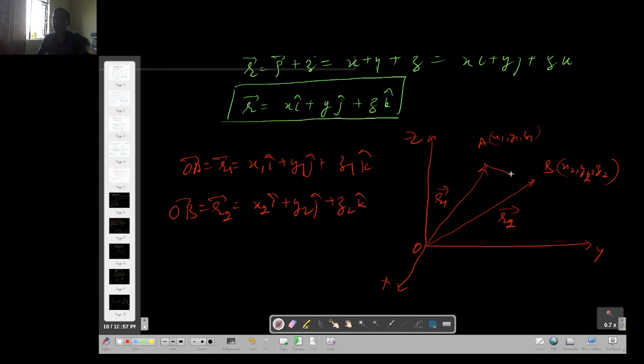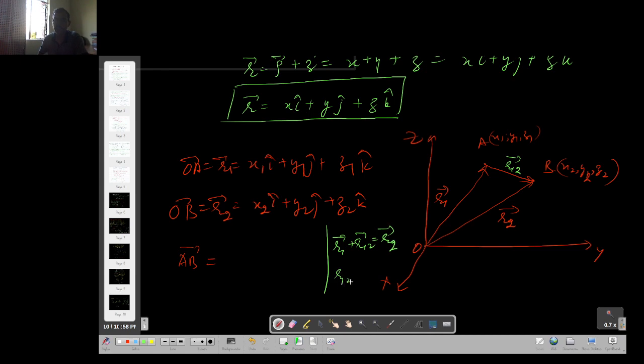Then the displacement vector: initially the particle is at point A, and after some time it reaches point B. The displacement vector AB can be written like this. Say this displacement vector is represented by r12. If I apply the triangle law of vector addition, then r1 plus r12 is equal to r2.